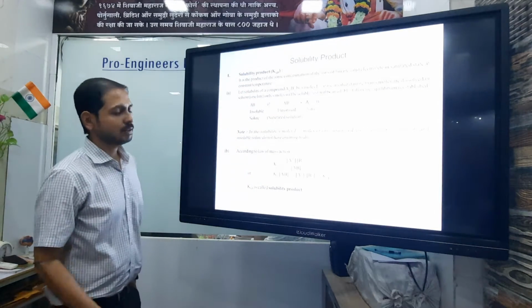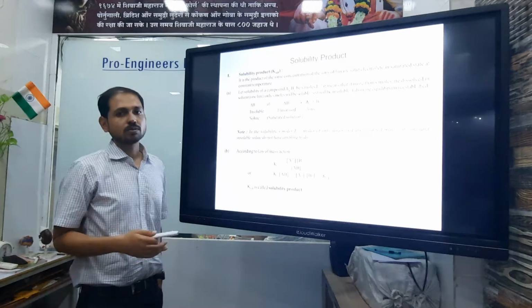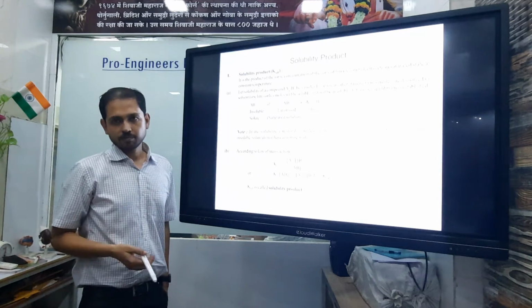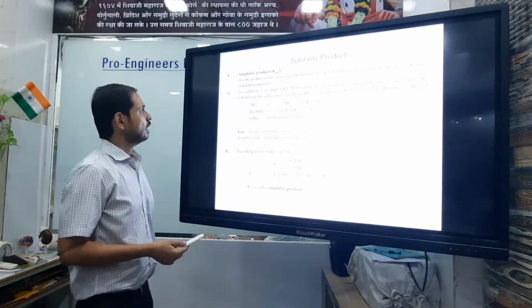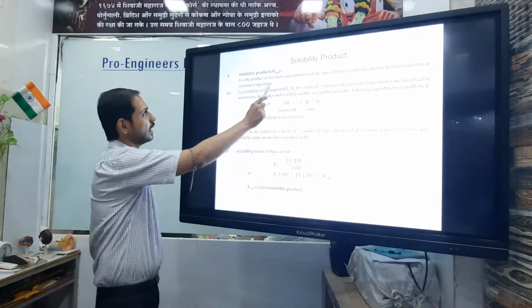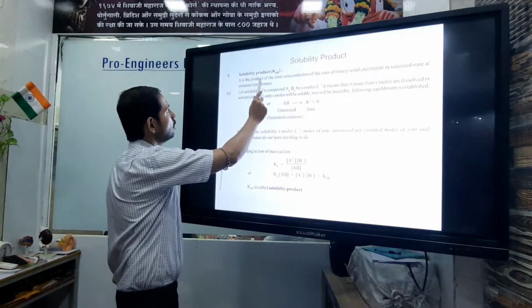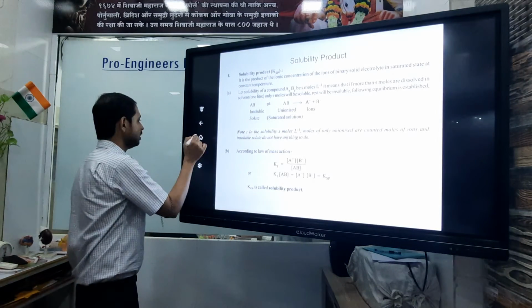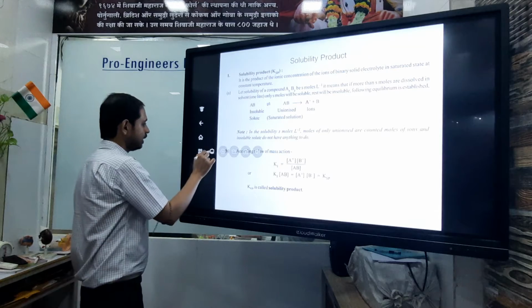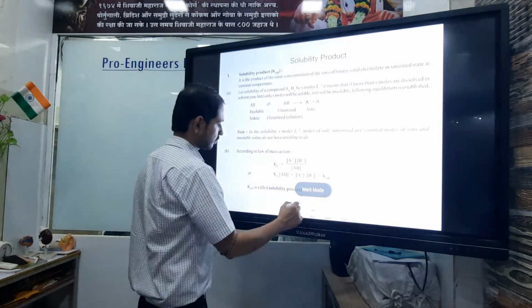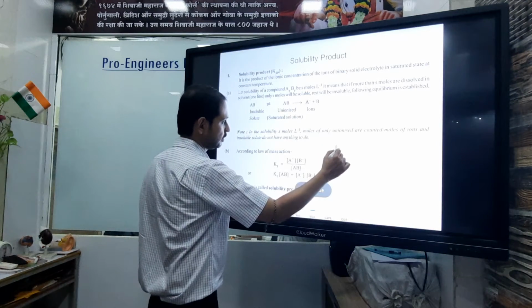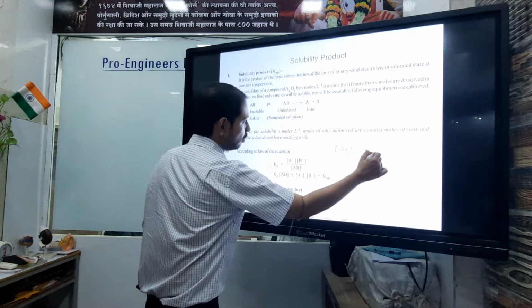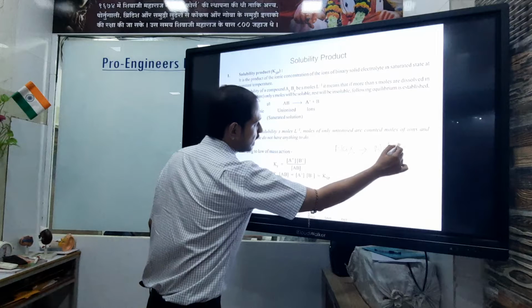Now, all salts are strong electrolytes, so they basically dissociate 100% in the solution, right? So what do we mean by the product of the ionic concentration? Here, let's say we take the salt NaX. It will give Na plus and X minus.